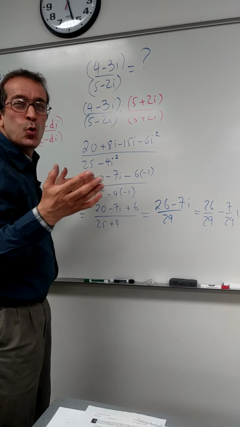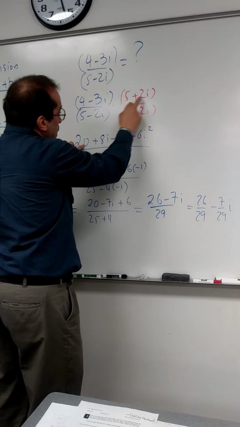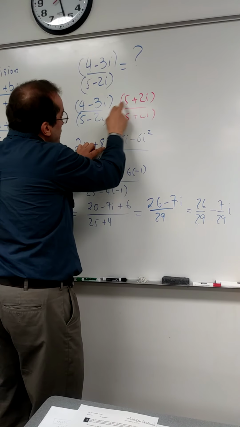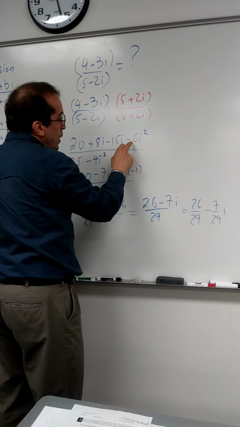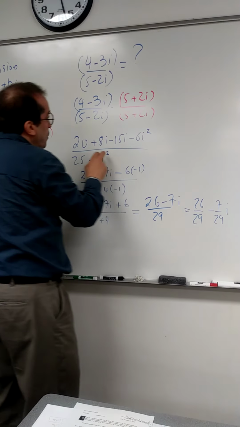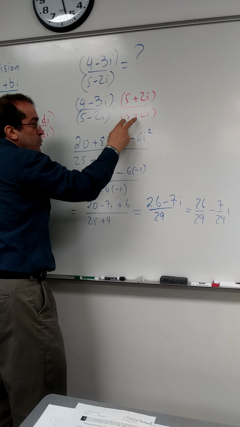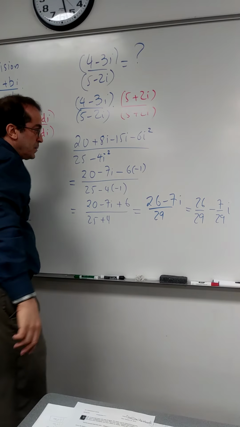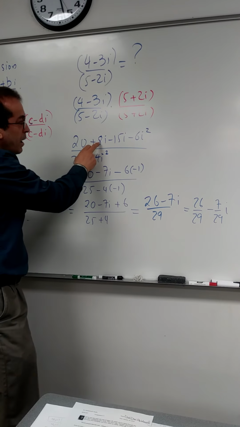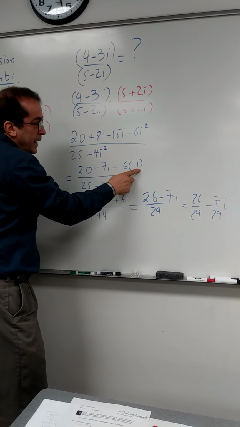And now we have to do two multiplications. So 4 times 5 is 20, 4 times 2i is 8i, minus 3i times 5 is minus 15i, minus 3i times plus 2i is minus 6i squared. And then the bottom would be 25 minus 4i squared. Remember, when you multiply a complex number by its conjugate, the two middle terms cancel. 8i minus 15i is negative 7i. i squared is negative 1.